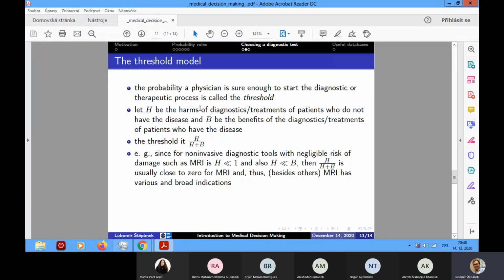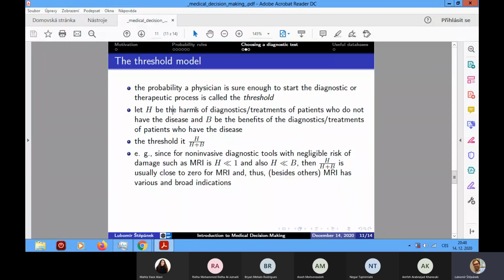So H is just a variable whose units could be transformed to, for example, time or money or some currency. It really depends on whether you are more interested in money or time, just cost-benefit analysis.